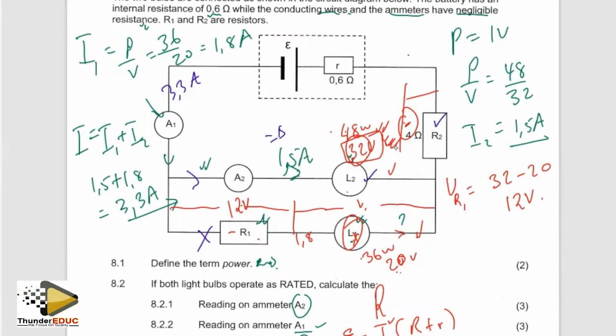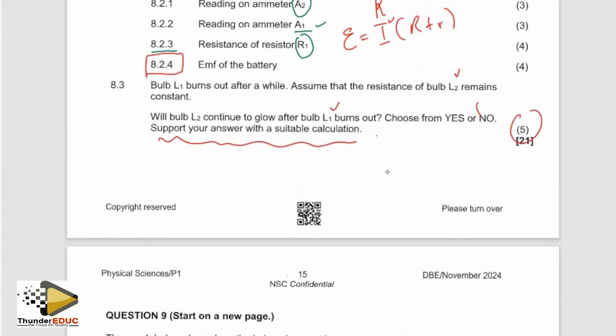So before I say yes or no, let me start by calculating the new power, because I know that the voltage definitely is going to stay the same at 32. The current is 3.3. Let's get the power and compare it with the power rating that we have. Power is going to be IV.